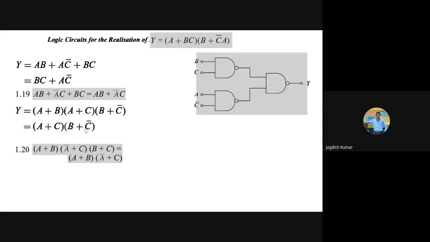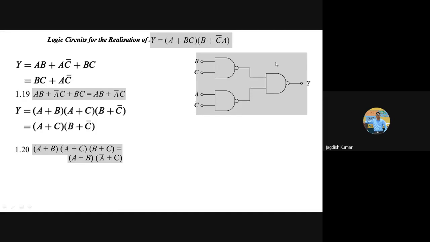Now, what is the simplification? If you look at this one, this can be obtained using NAND gates: BC, then AC complement. Then you will say why this should be an AND gate, not a NAND gate, and then the two should be ORed, right? This is BC or AC complement.